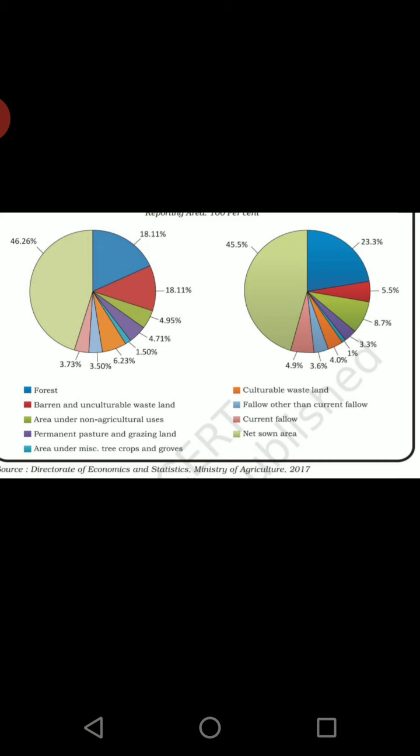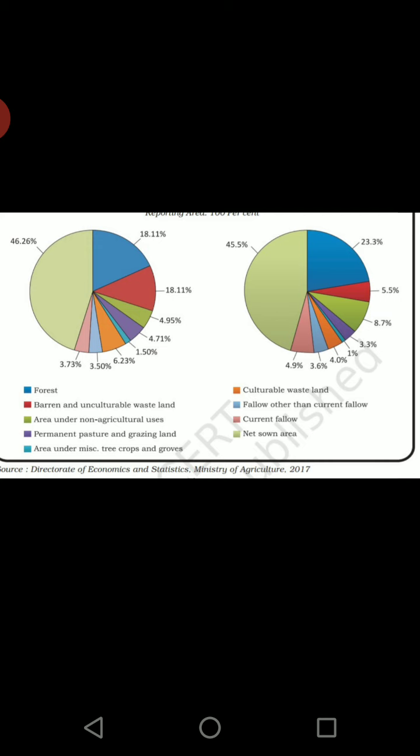In the textbook, they are giving you something more about these particular lands. According to them, these lands are generally cultivated after 2 to 3 years because they need some extra expenditure. We have to put extra manure, extra fertilizers and all. Hence, these lands are cultivated after every 2 to 3 years.